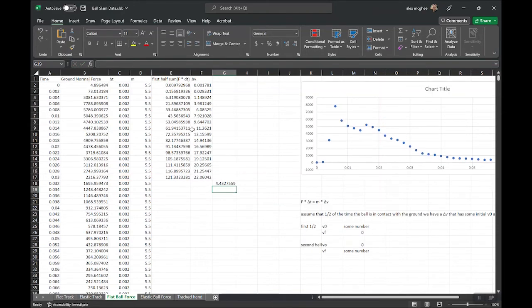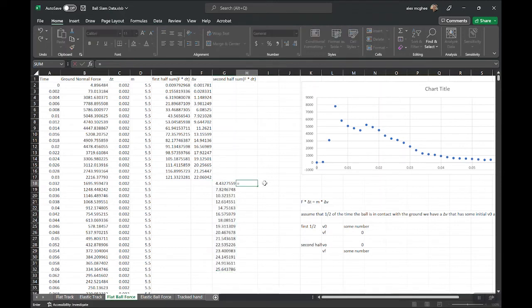We're going to do the same thing for the second half, the sum of F dt. So this is F dt plus the previous F dt above it. We're going to do that from 0.3 to 0.6. So that goes here, and now that's our integral.